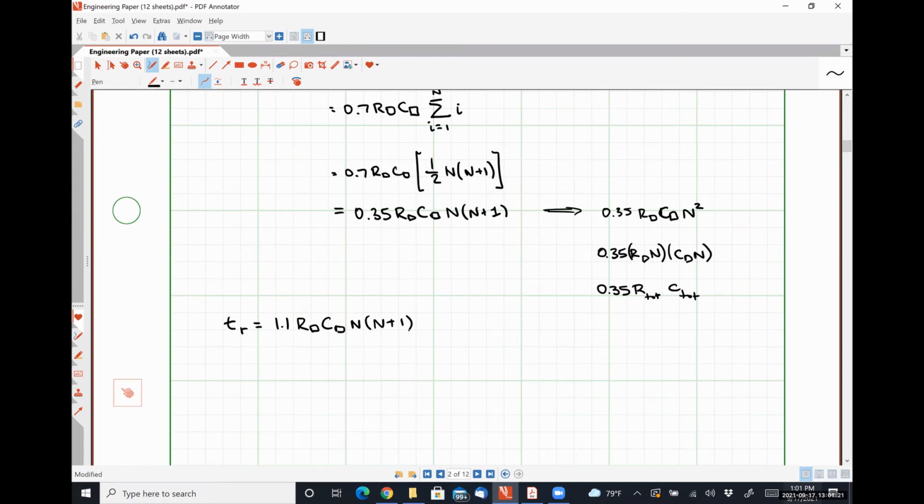So that's why we effectively just cut the result in half and we have what we have. So this is the delay that is caused by effectively the transmission line network that is formed, okay?